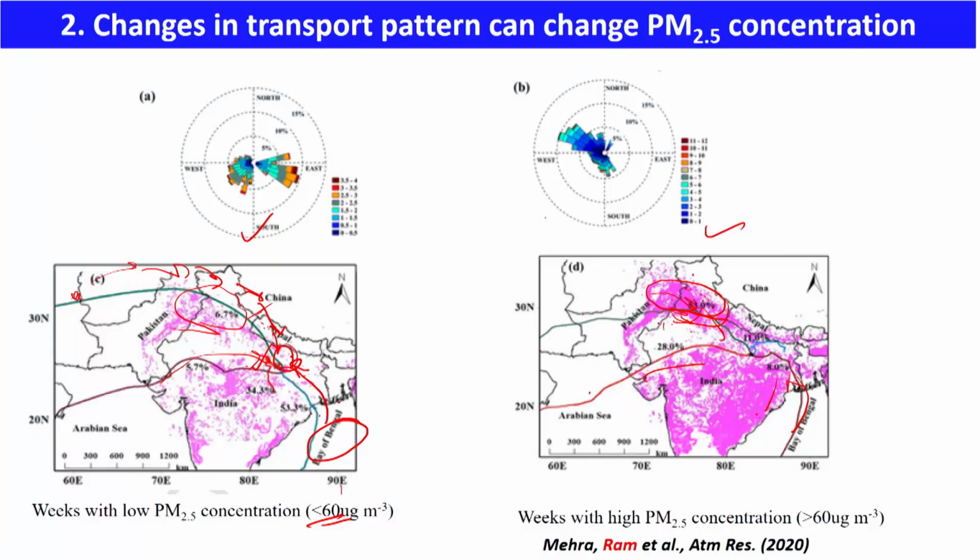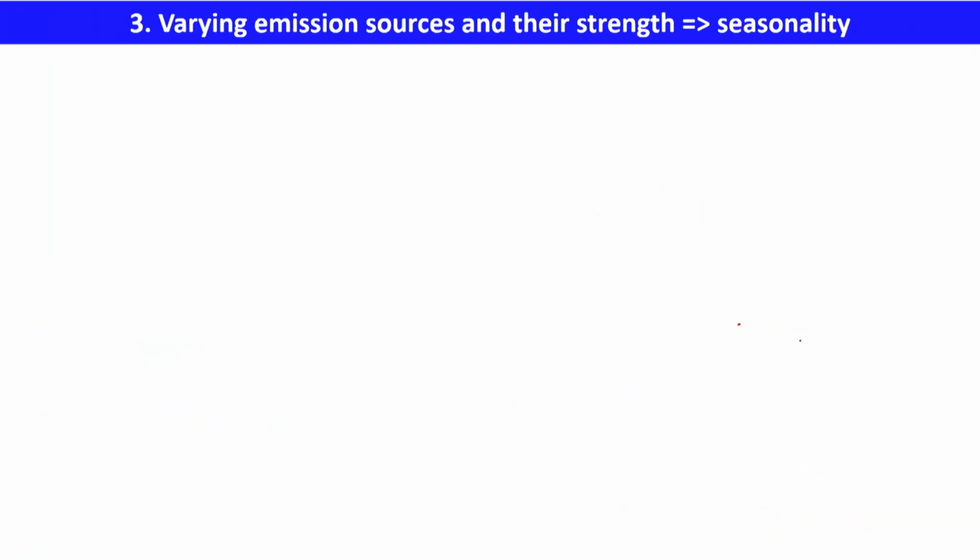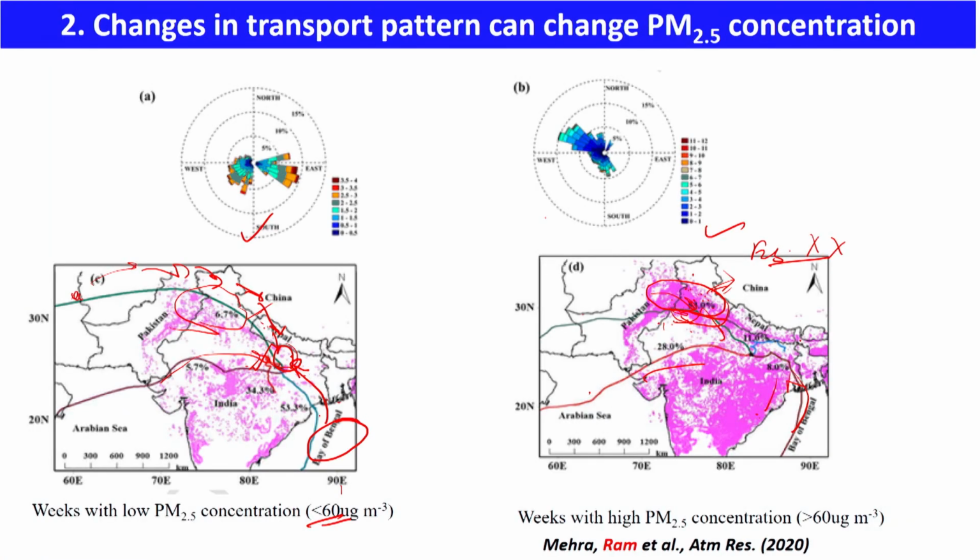Then one option is that you request them or make a guideline to cut off the emission sources there, so there will be no emission from there to be transported. Then once transported, they can bring less aerosol compared to high pollution days. So this is the kind of policy intervention that is needed.